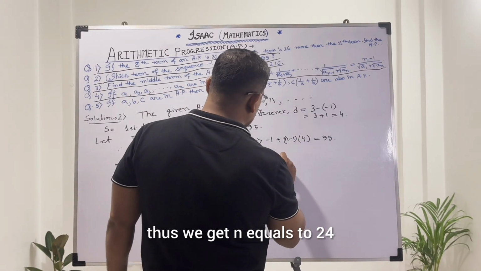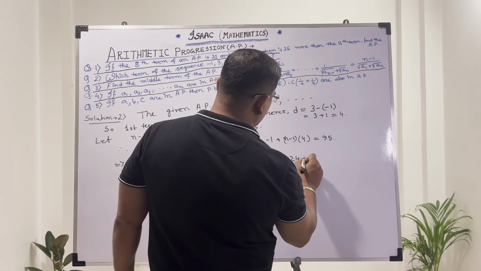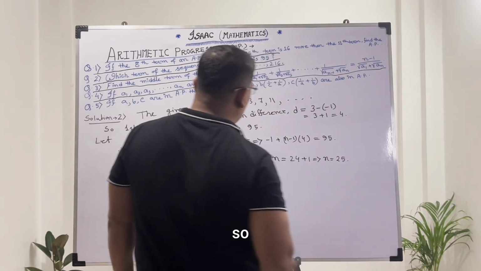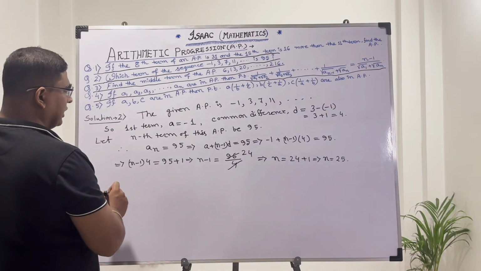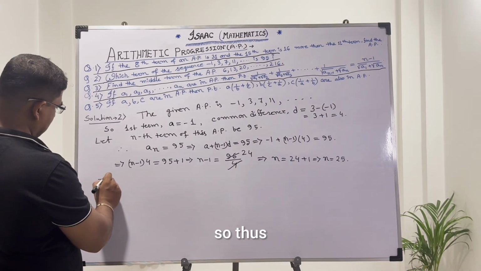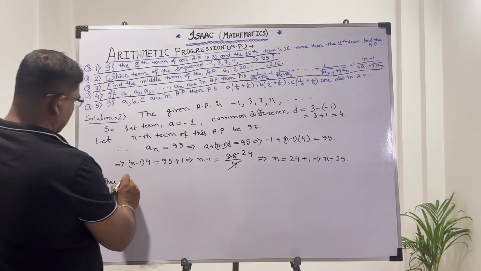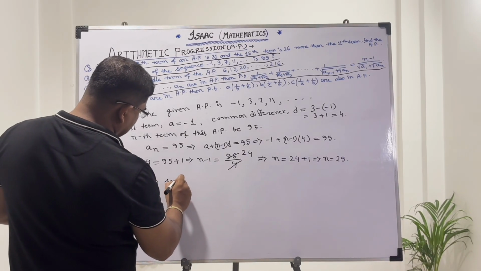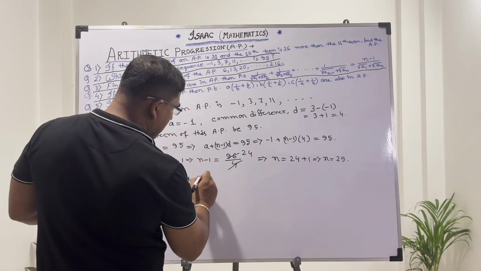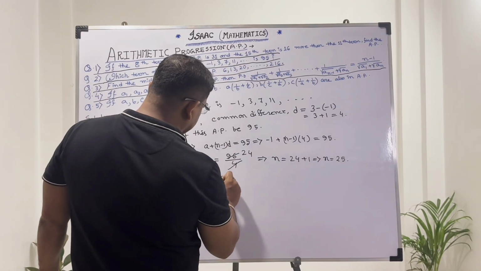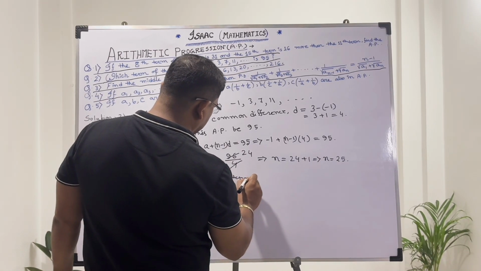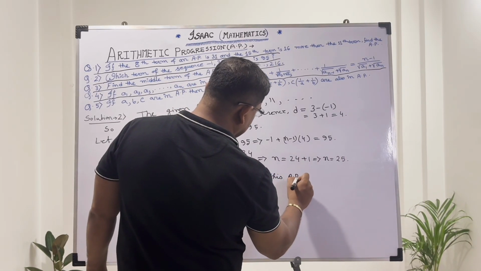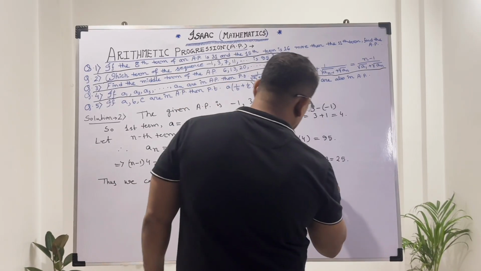Thus we get n equals 24 plus 1, that is n equals 25. So thus we can say that the 25th term of this AP is 95.